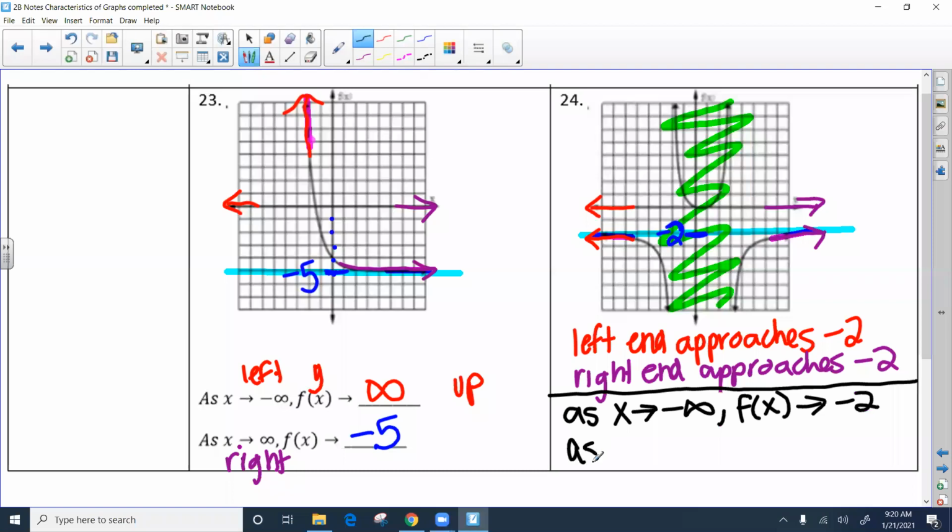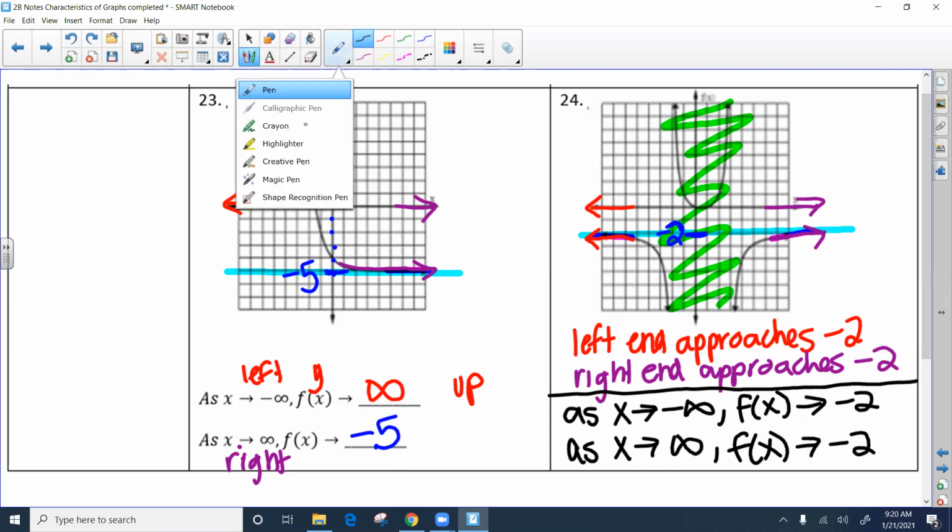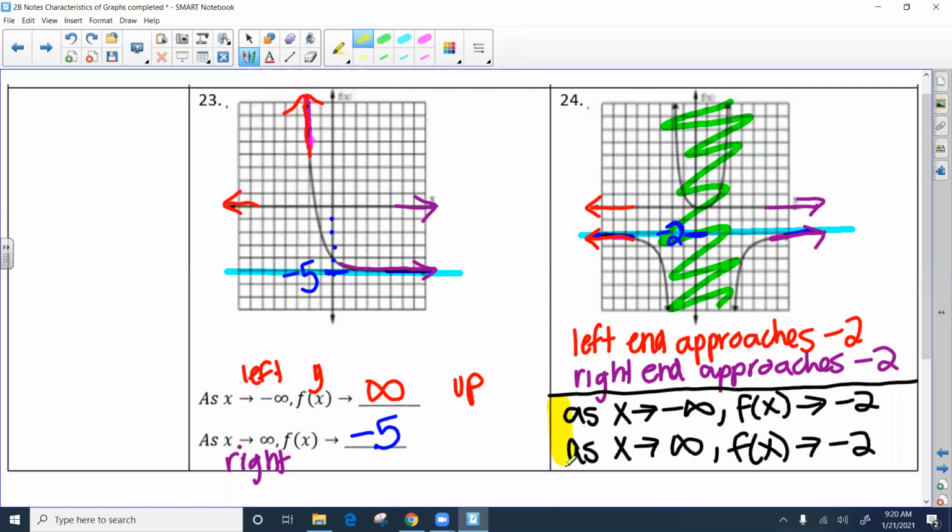And then I have to describe the right end. So as x approaches infinity, f of x approaches -2 as well. So this is saying on the right end, the outputs get closer and closer to -2. Or as x approaches infinity, f of x approaches -2. All right, so that's how we would write it in the correct notation.